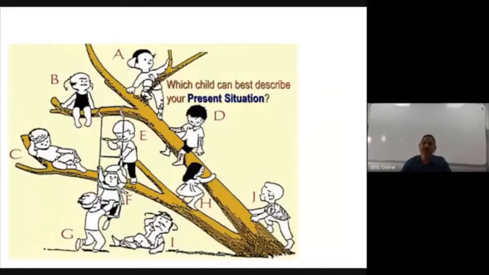Which child can describe your present situation? Who can see far? Who can see your objectives? Who can see your vision and mission? Where the faces are, where the directions are. There are certain people, E, F, G, whose objective is different.